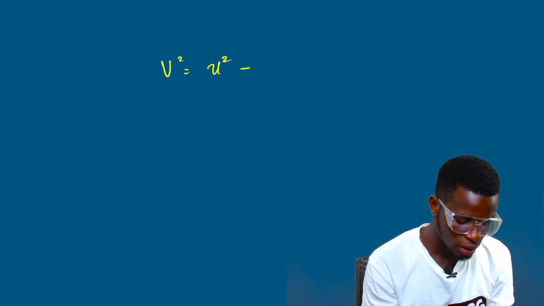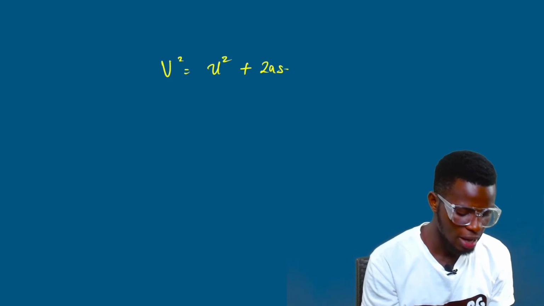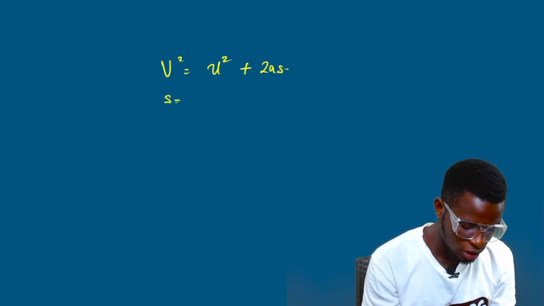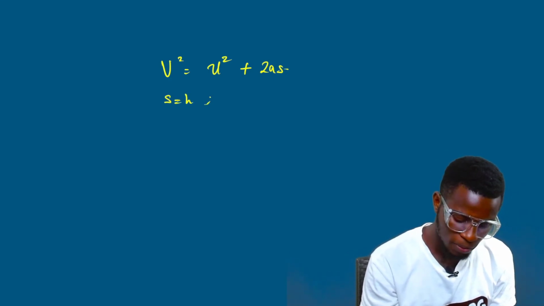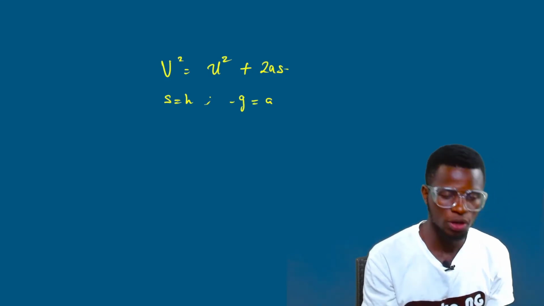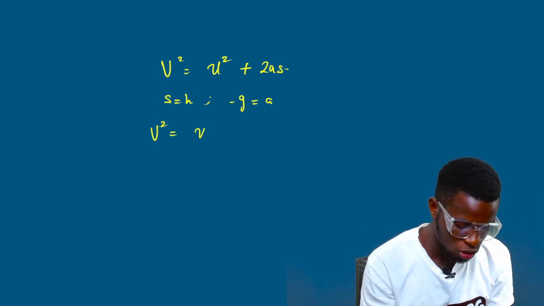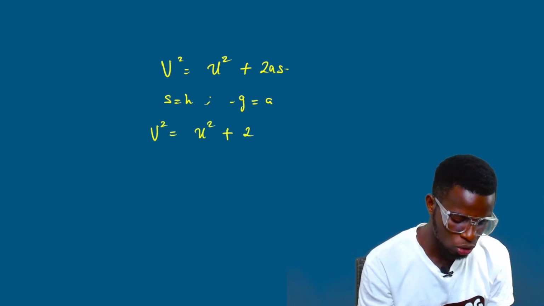The third equation is just like its counterpart under linear motion, where we have v squared equals u squared plus 2as, still bearing in mind that s is equal to h and a equals minus g. So we have v squared equals u squared plus 2 into minus gh.